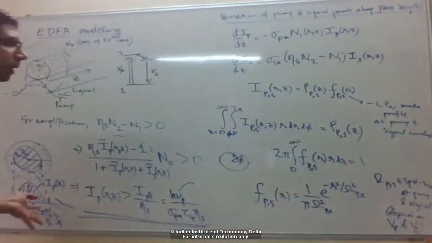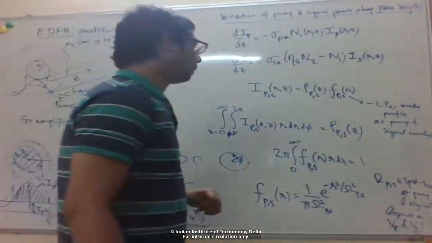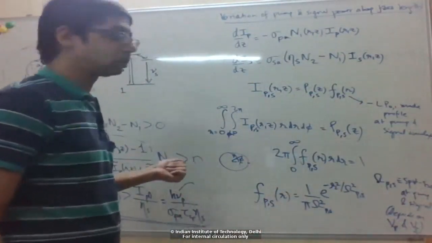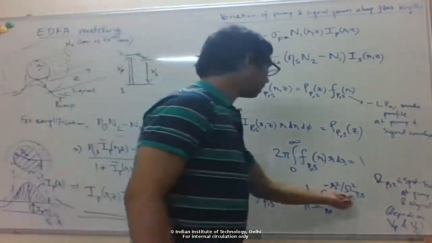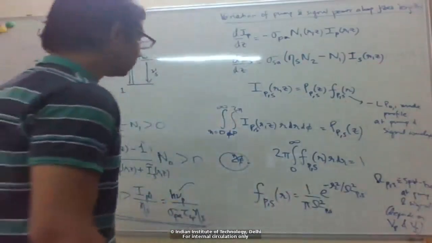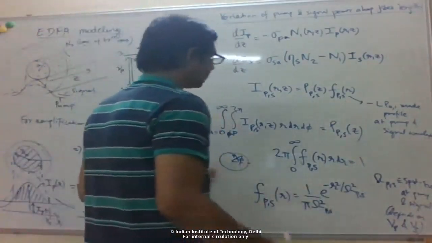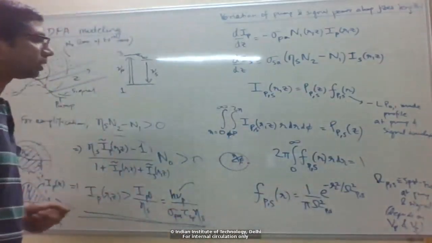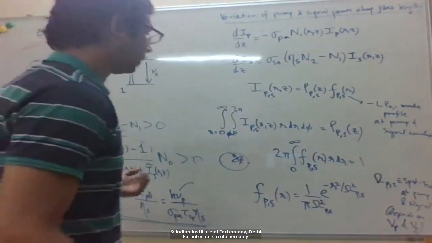So the equations become a bit complicated, and we won't go through the entire exercise here. If you are interested, you can look at the book for how to solve under this Gaussian approximation for the mode. What we'll do is an even simpler approximation, because that captures most of the features of the EDFA that we are interested in, and it's much simpler.